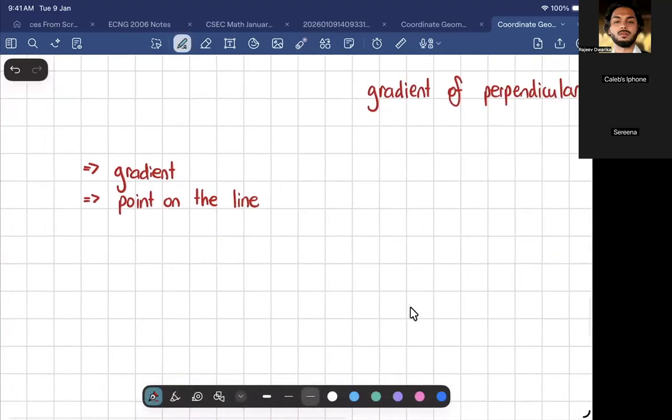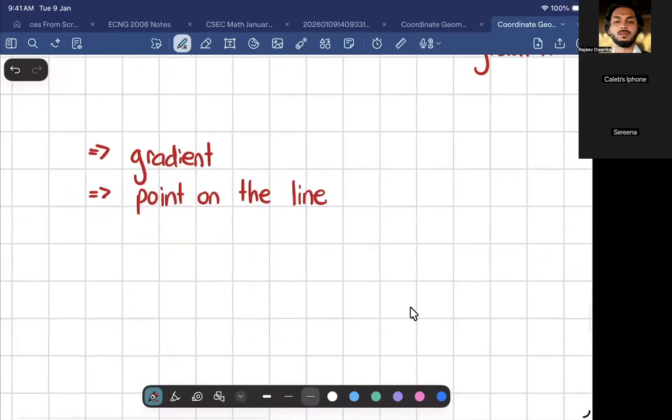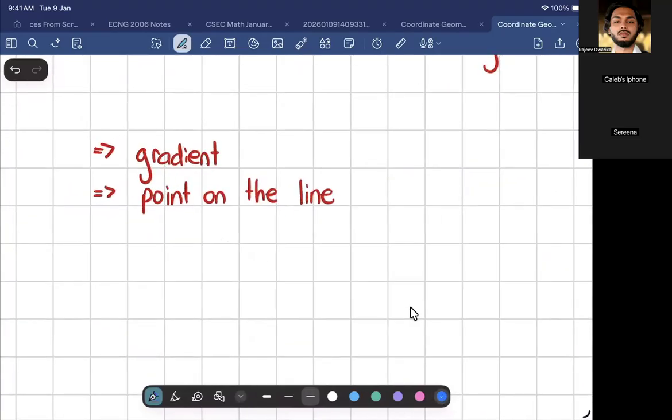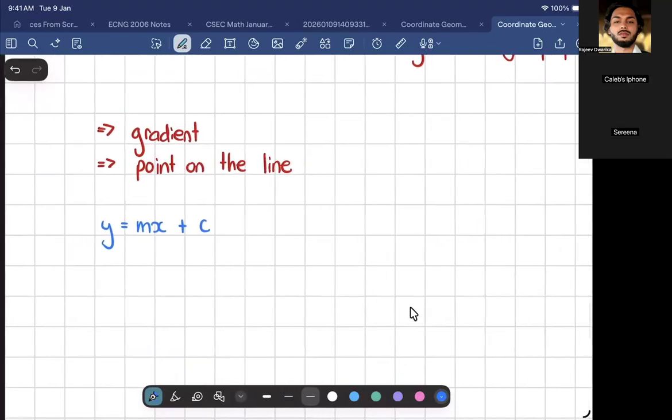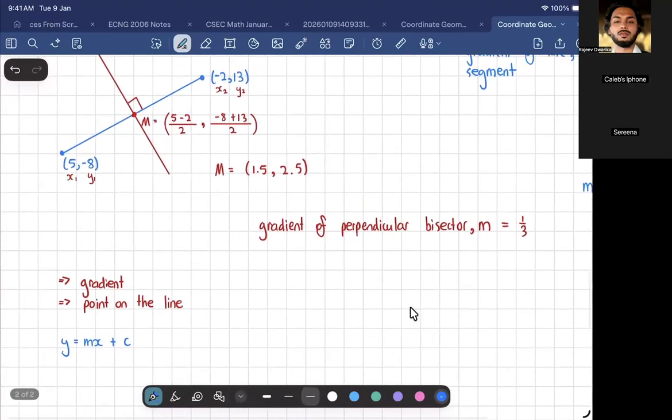What is the equation of a line? Y equals mx plus c. Right. Awesome. Can you remind me what point we had on the line?